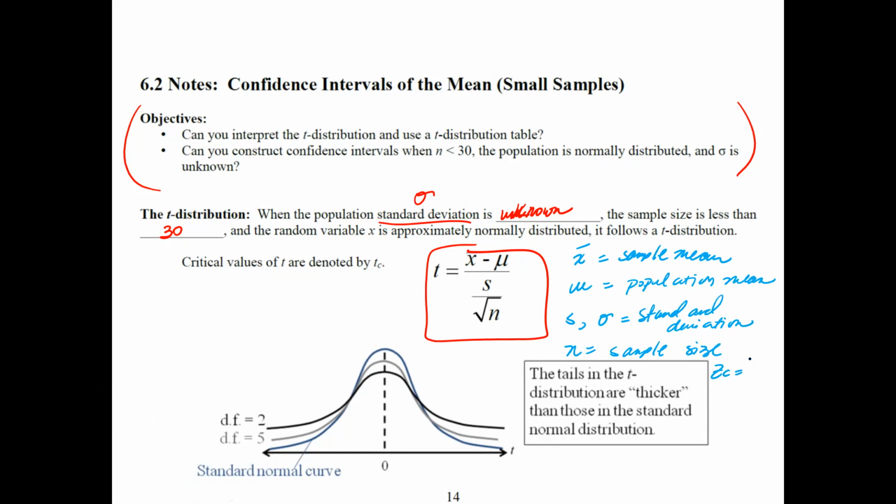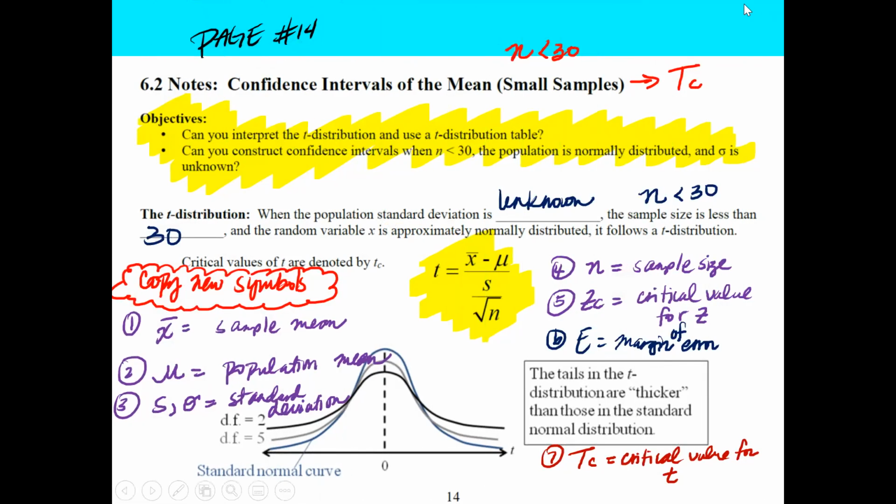ZC, which we talked about last week, is going to be the critical value for Z. And then lastly, today we're talking about TC, which is a critical value for t. I'm sorry, critical value, not confidence value, critical value. All right, so if you copy this part down, let's go on to the next page.